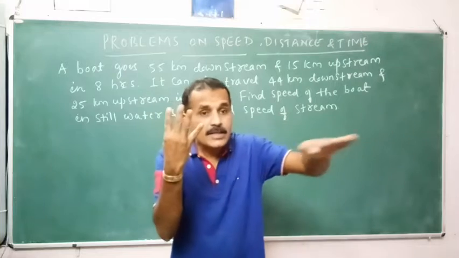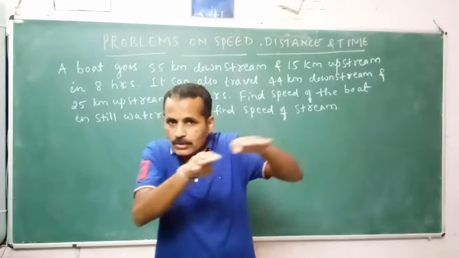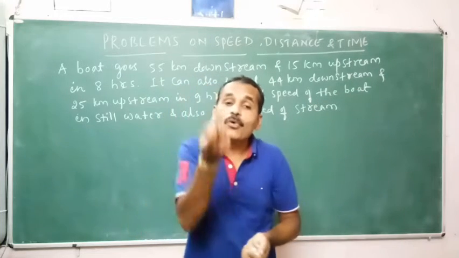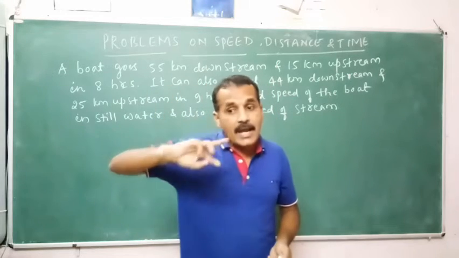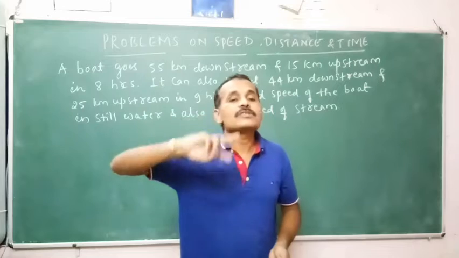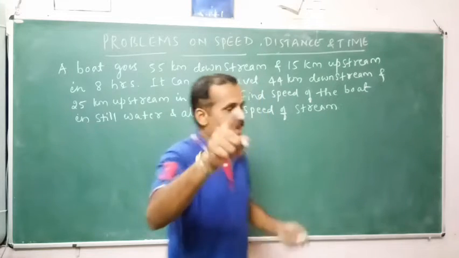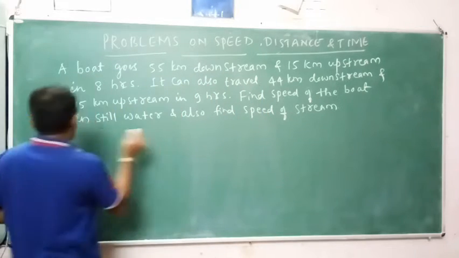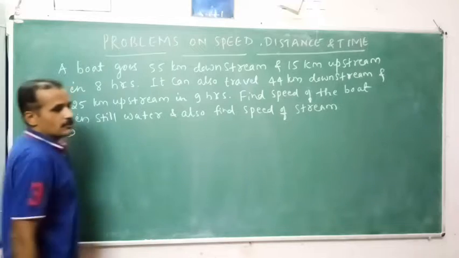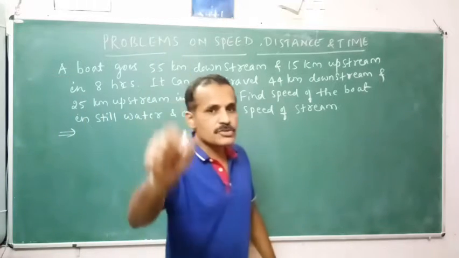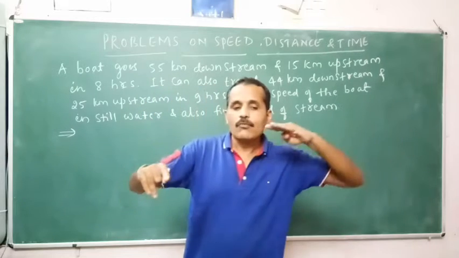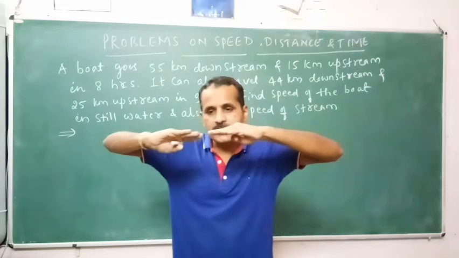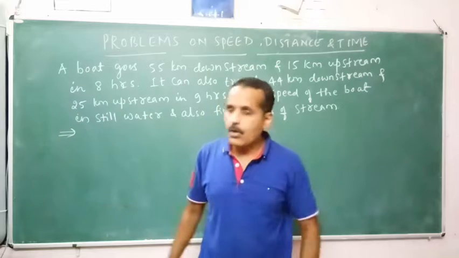When both are in the same direction, both speeds will be added. This is called downstream. And in the upstream, you have to subtract. How to subtract, I will show now as I start the problem. But keep in mind, downstream, both are in the same direction. Upstream, one is in this direction, one is in that direction.